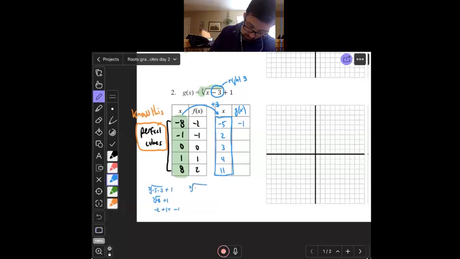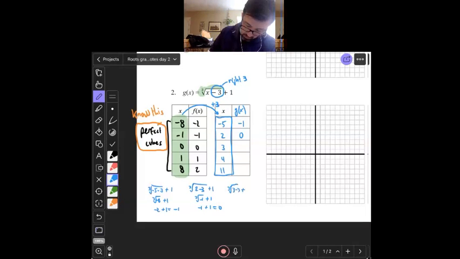Cube root of 2 minus 3 plus 1. Cube root of negative 1 plus 1, which is negative 1 plus 1, which of course is 0. Again, I'm just plugging in the other ones. Cube root of 3 minus 3 plus 1.